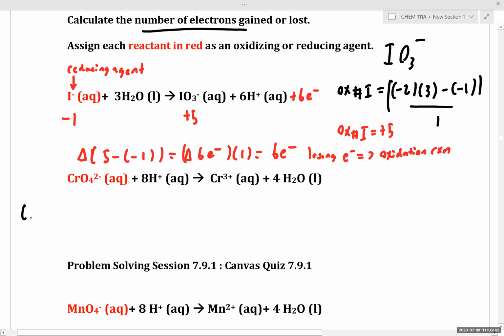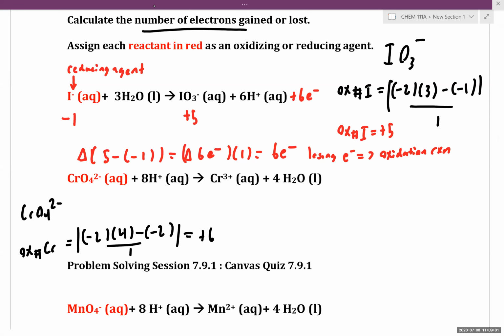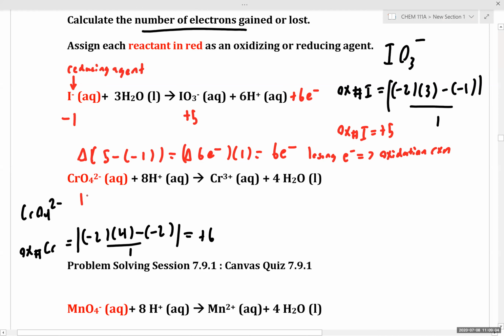So in chromate, so CrO4 2-, the oxidation number of chromium is going to be equal to the oxidation number of oxygen times the number of oxygen atoms minus the total charge over the number of chromium atoms, which gives us an oxidation number of +6. So we're going from +6 to +3. So our difference is equal to 3 minus 6, which is 3 electrons.